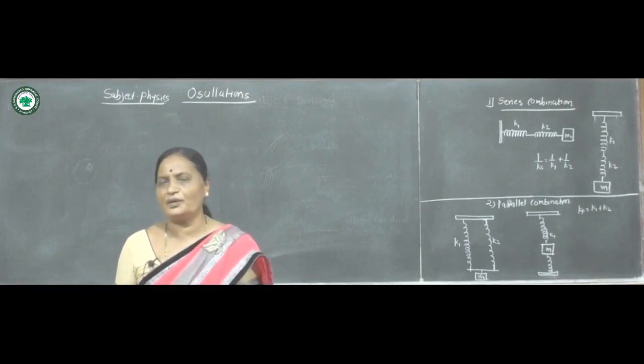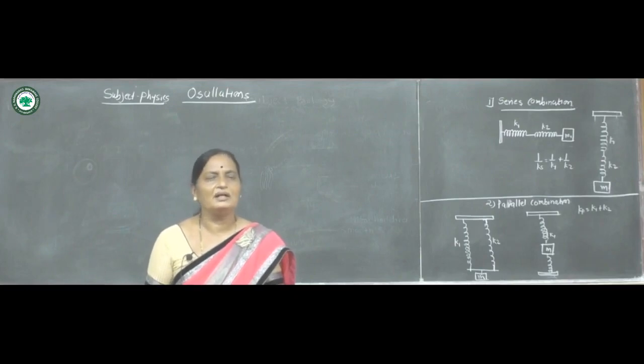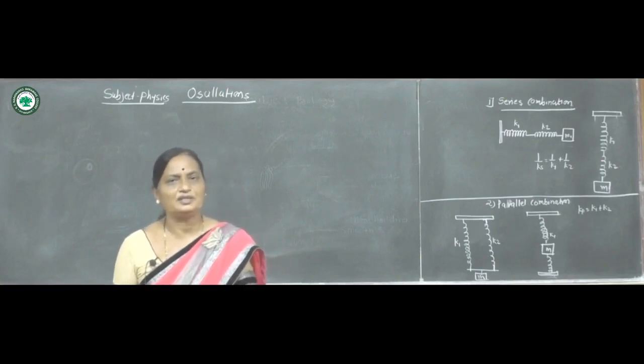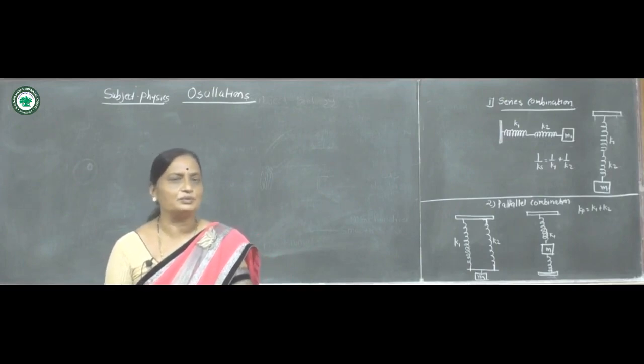The differential equation is d2x by dt square plus k upon m into x is equal to 0.